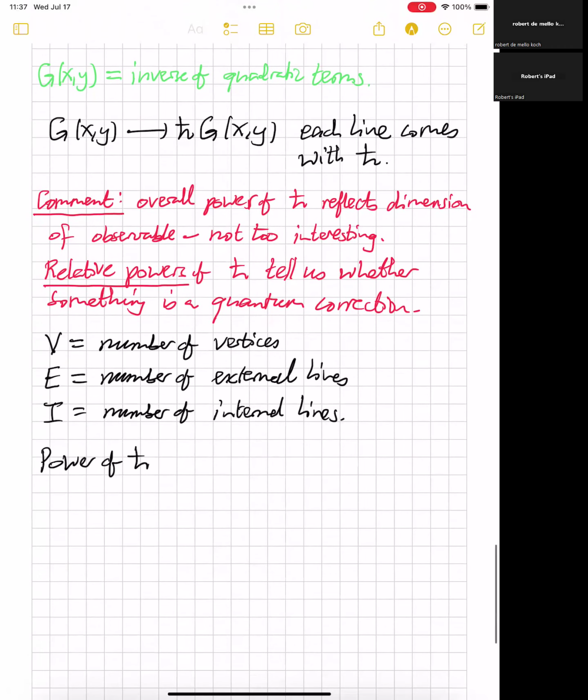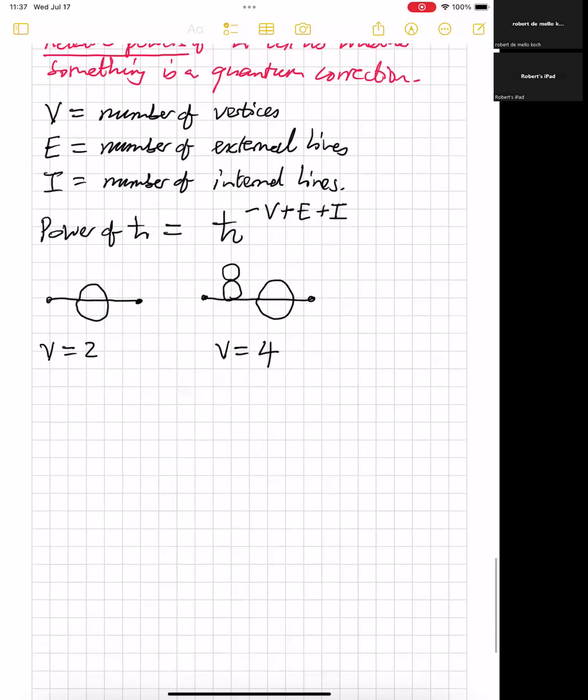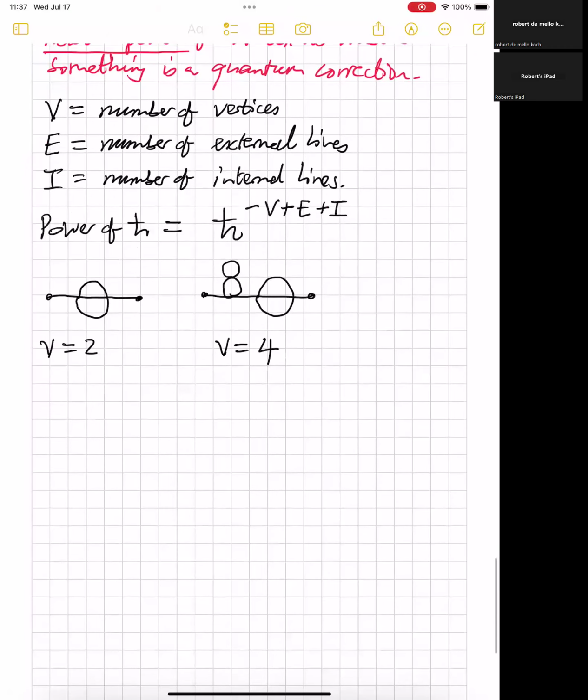So let's look at a few Feynman diagrams. We could, for example, look at this Feynman diagram, or we could look at this Feynman diagram. This diagram has got 2 vertices. This diagram, I'm sure you've got no problem with counting these now, has got 4 vertices. How many external lines? Well, those are the lines that connect to the dots.